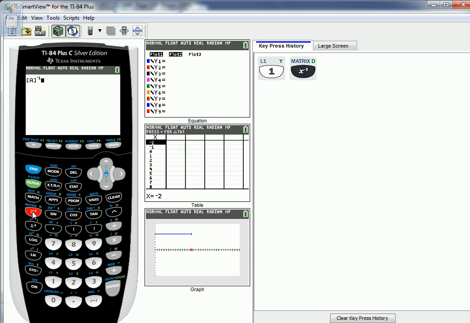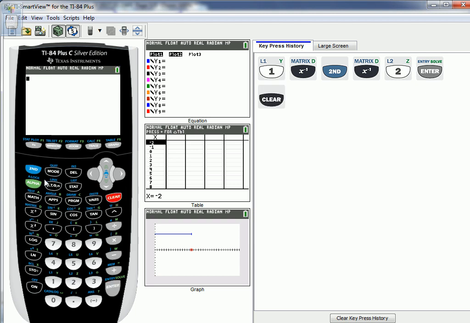I pressed 1, and then we go back in, and now we press 2 for B. I pressed 1, but it didn't give me the answer. All right, let's do it again.